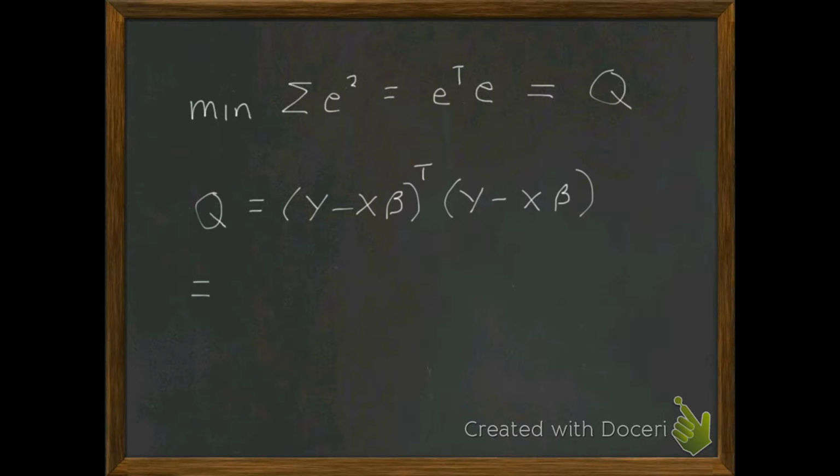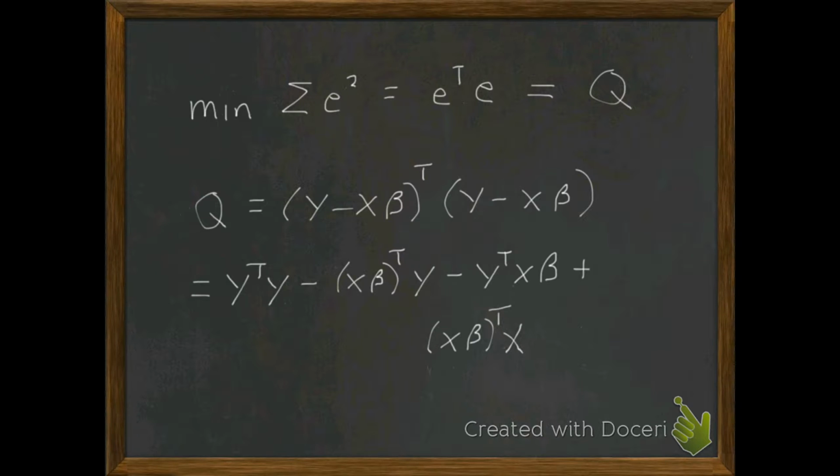So guys, the first thing I'll get is y transpose y minus x beta transpose times y minus y transpose x beta, plus, I need to come down on the lower line here, x beta transpose x beta.